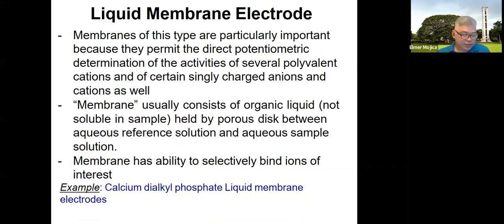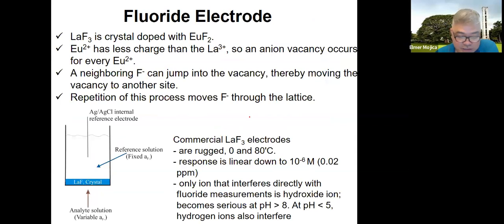Before we go to the liquid membrane electrode, we can also say that crystalline membranes are available that consist of silver sulfide, and you can also have copper sulfide or cadmium sulfide.